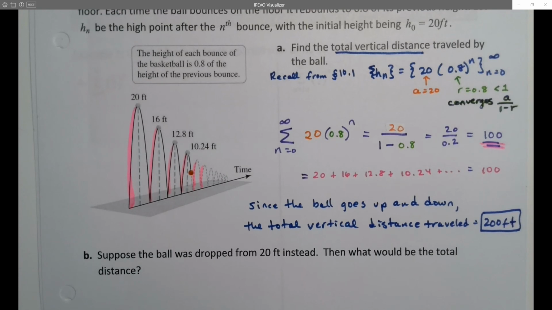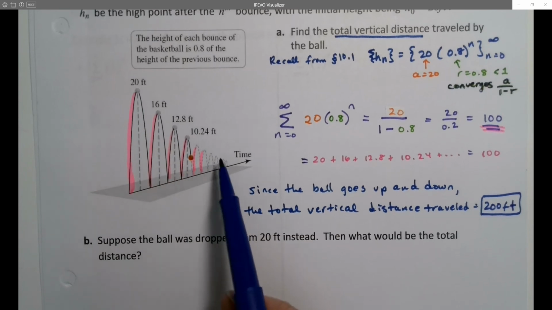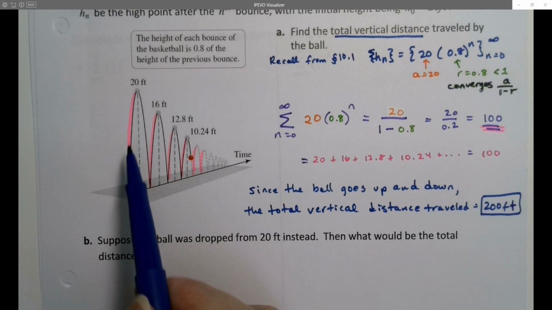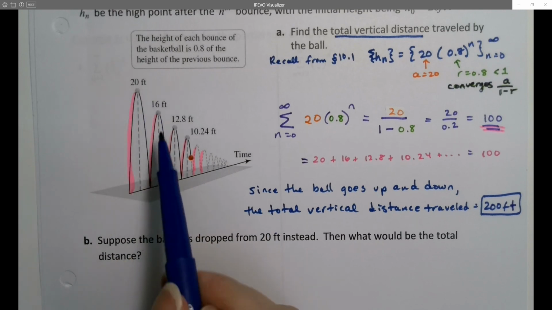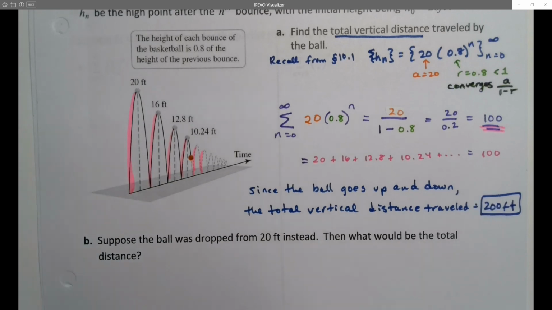So the geometric series finds the vertical up height. It's adding all the heights. But that's not adding the height plus the distance back down, plus the height plus the distance back down. So to do that, you would double everything. So we'd make 100 times 2, which is 200.